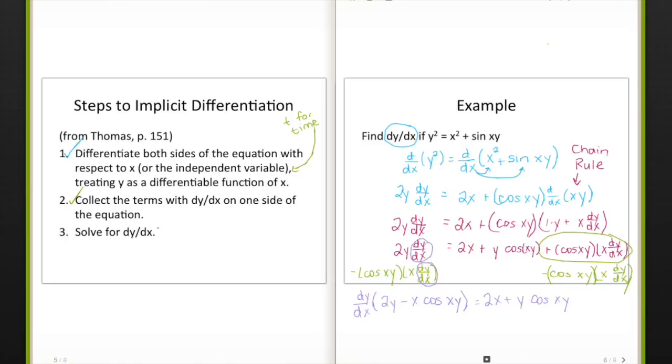And this leaves us open for our last step of dividing both sides by 2y minus x cosine xy. This will make sure that we have isolated our dy dx. And that will leave us with 2x plus y cosine xy over 2y minus x cosine xy. Now we have successfully used implicit differentiation to take the derivative of our function.